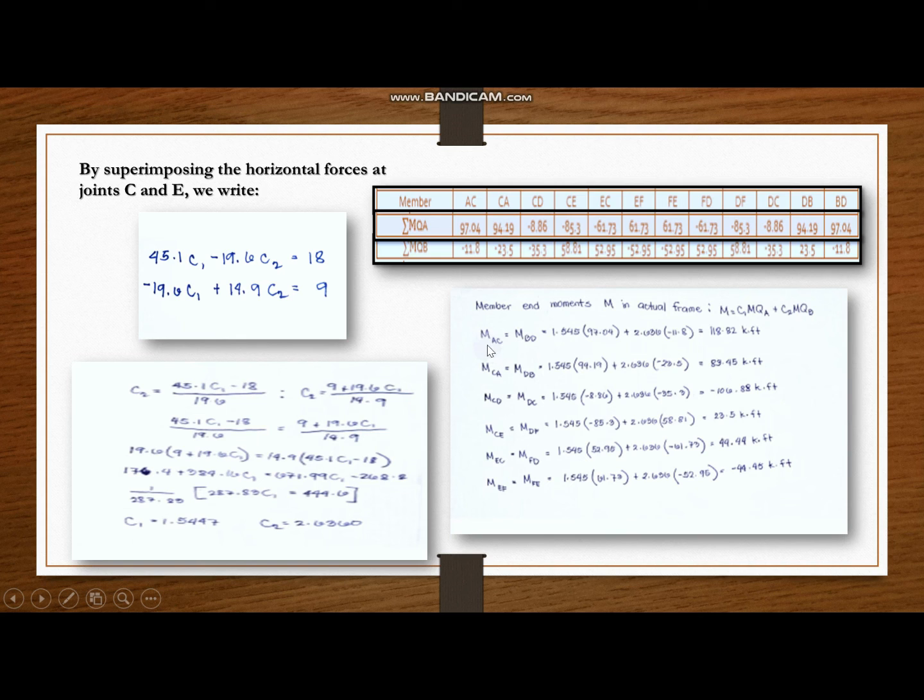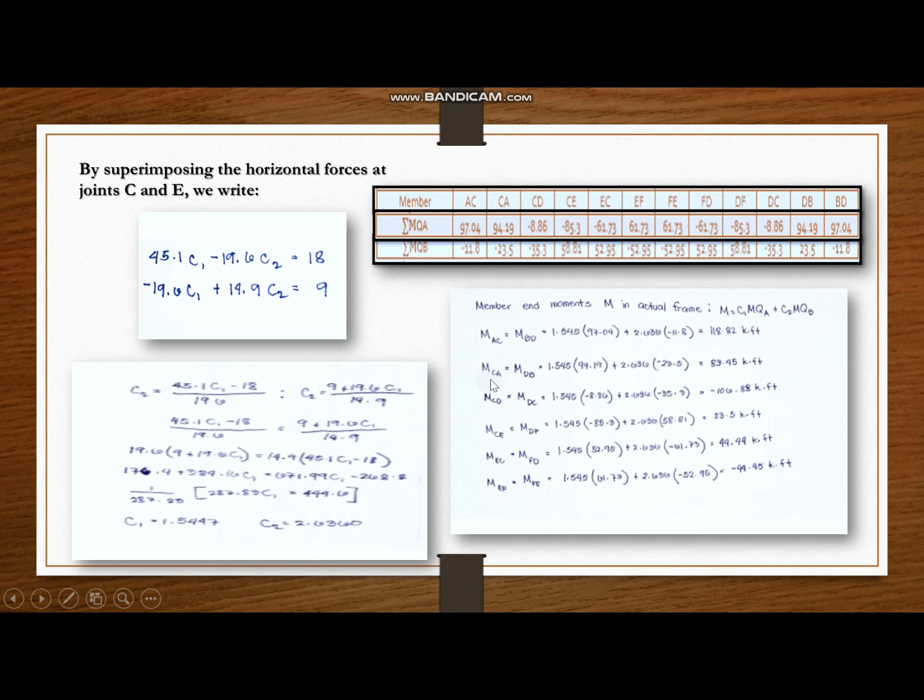So, MAC, moment AC equals moment BD, lang siya kasi symmetrical, equals 1.545 times 97.04 plus 2.63 times negative 11.8, so equals 118.82 K feet.